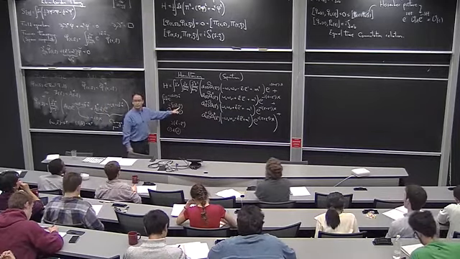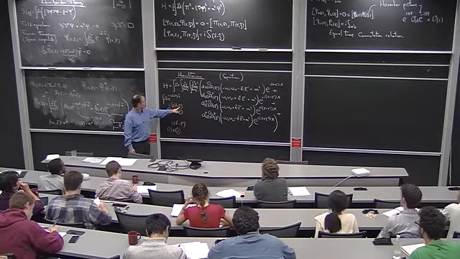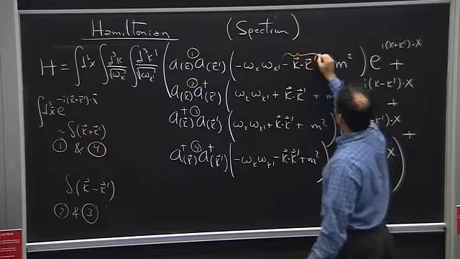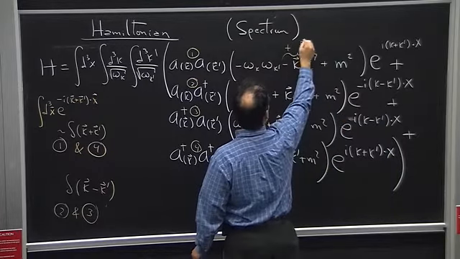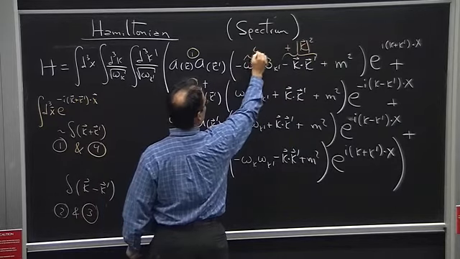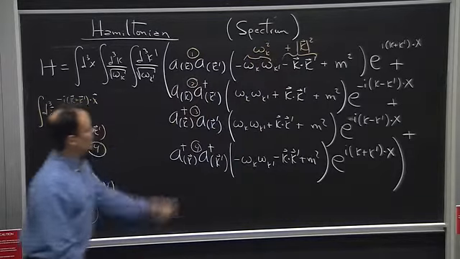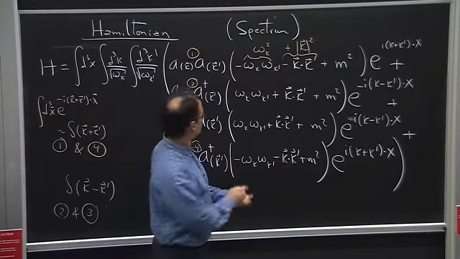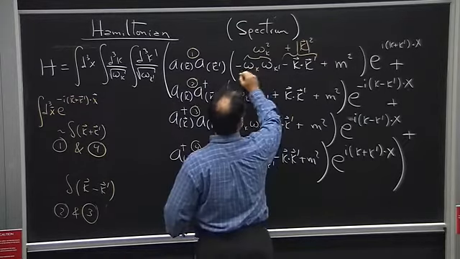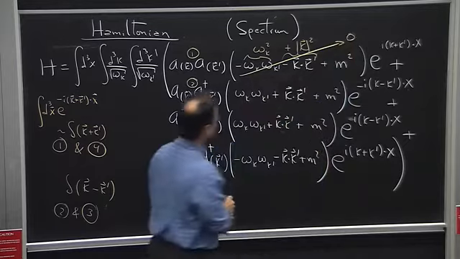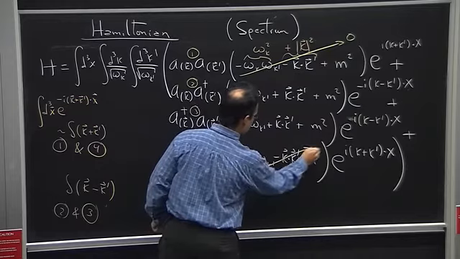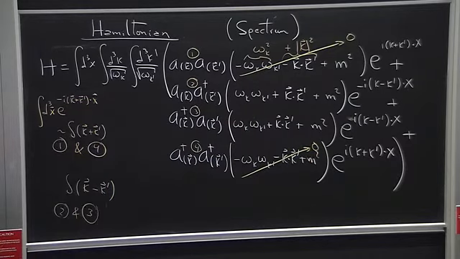If k is equal to minus k prime, this then becomes plus k squared, and this becomes wk squared. And what do we get? 0. So this cancels out. So this is 0. And the same thing happens for this guy, exactly for the same reason.